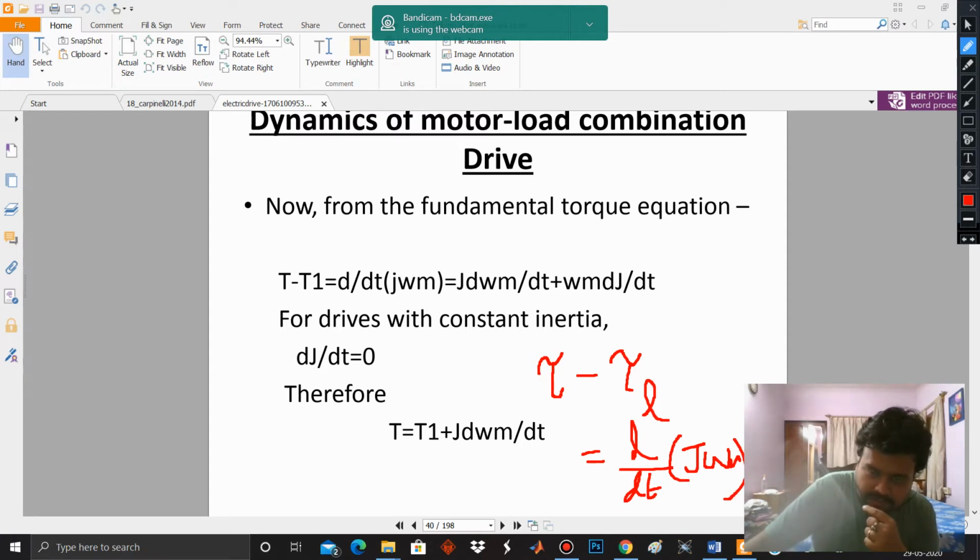So if you take the derivative of this J omega m, it will be J dot omega m plus J omega m dot.